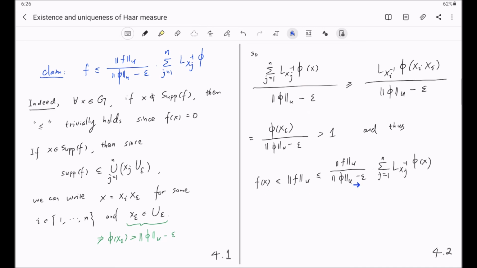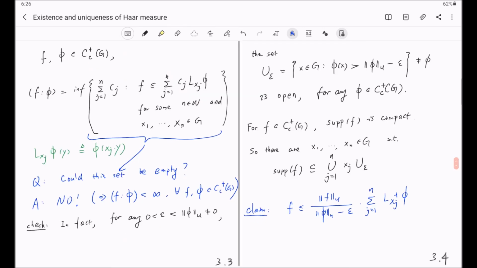And this verifies our claim. And remember, our claim implies that this set must not be empty for any f and phi in CC plus of G. So this answers our first question.